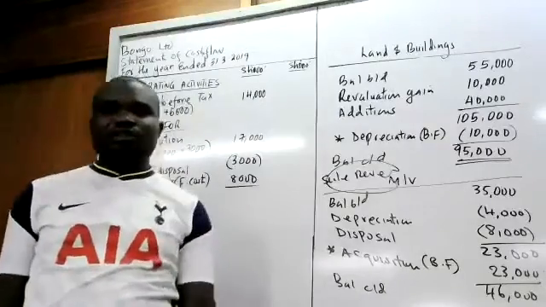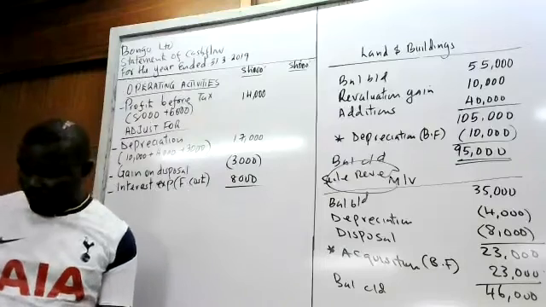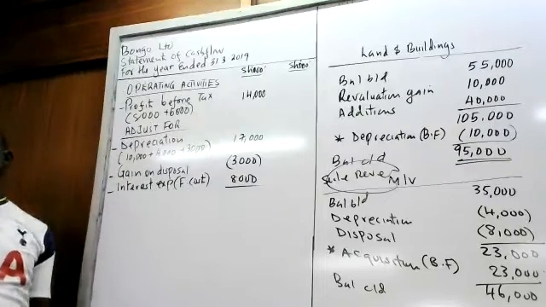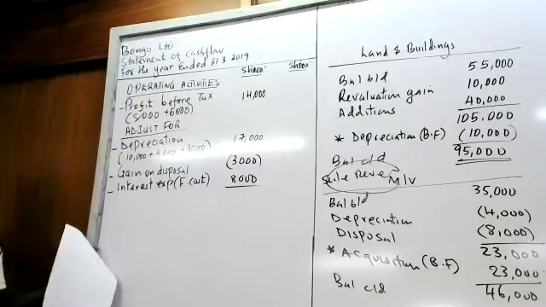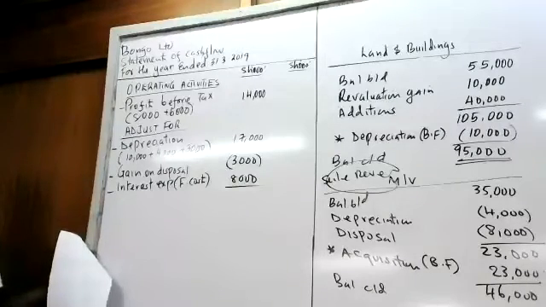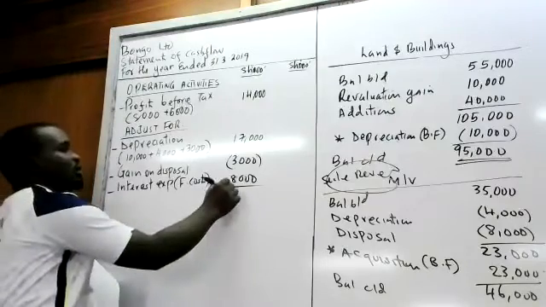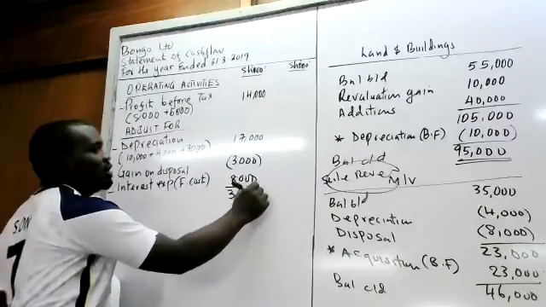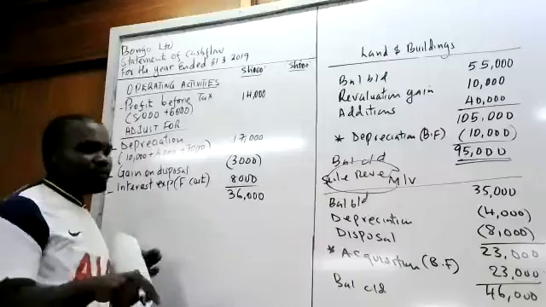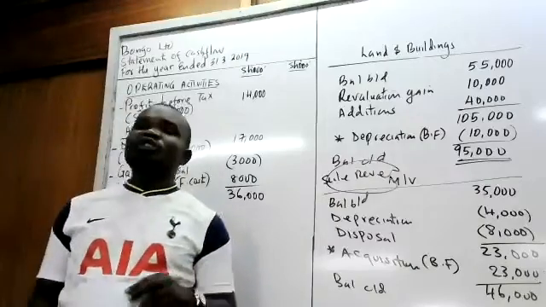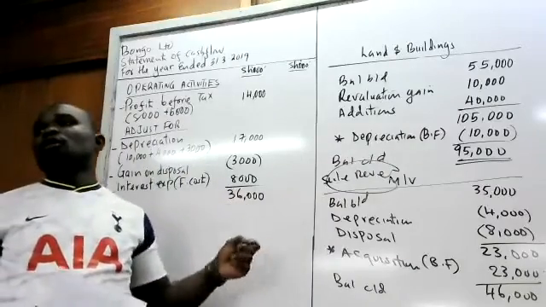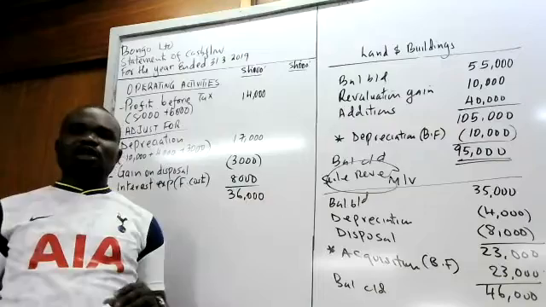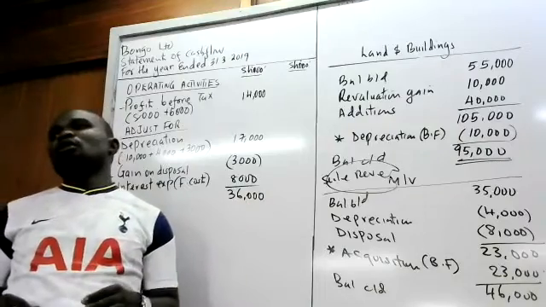So can you adjust? What do you get? 36,000. From your notes, which name are we giving this figure?